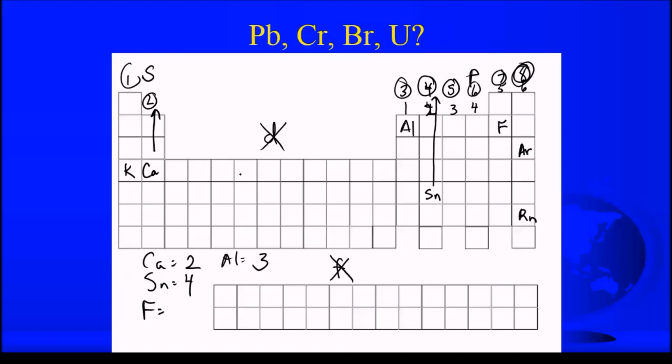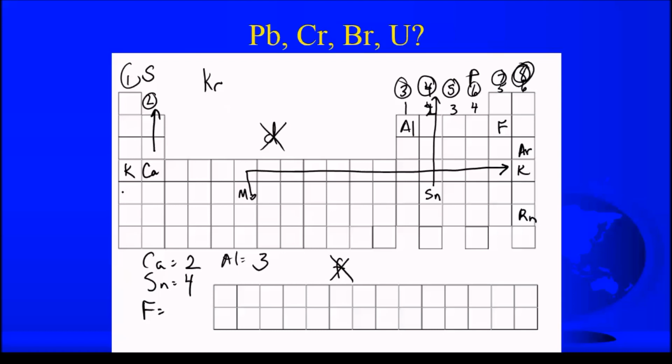Molybdenum, which is somewhere around here. You get the hard one. How many S and P electrons does it have? Let's do the electron configuration. Okay, so up and over to krypton.